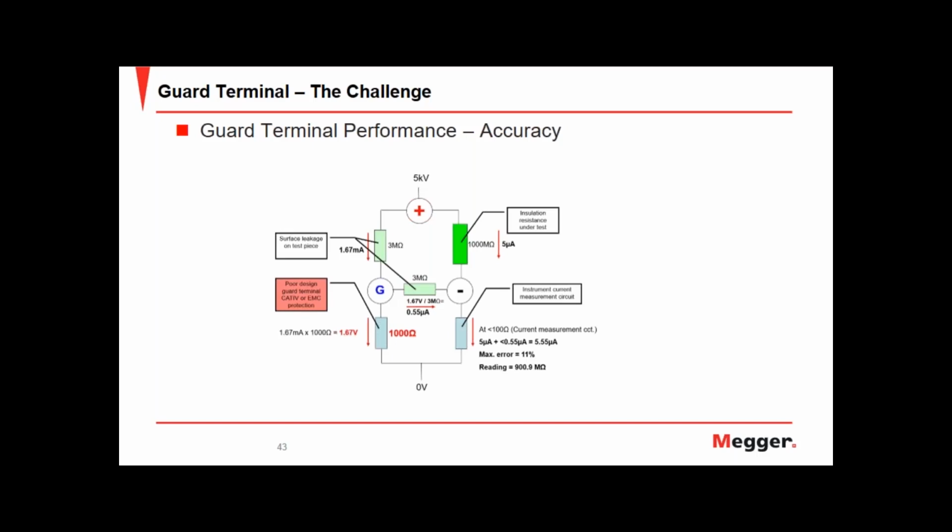But here we can see on the bottom right hand side the calculations, and we've actually got a reading of 900 megohms, which should be 1,000 megohms. So we've got about an 11% error on this measurement, and this is caused primarily by the 1,000 ohm resistor that they've put in to try and improve their Cat rating.